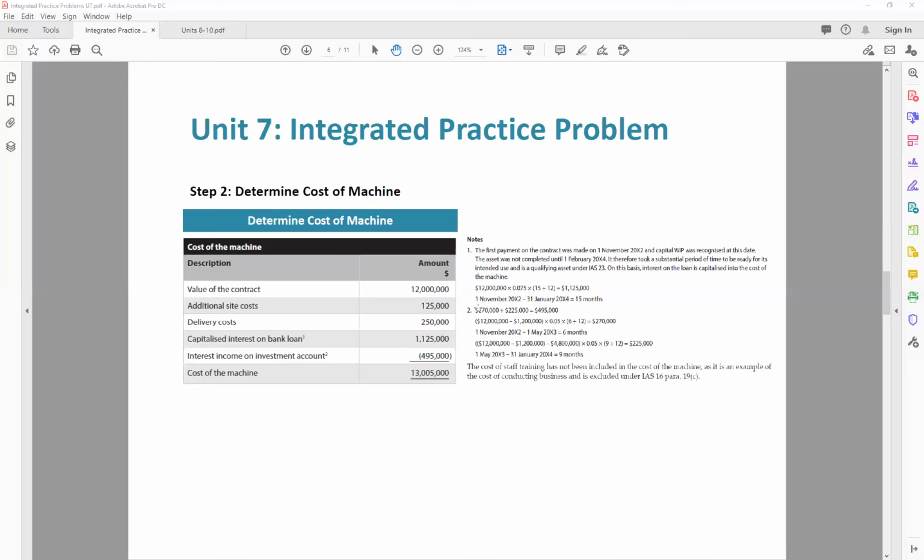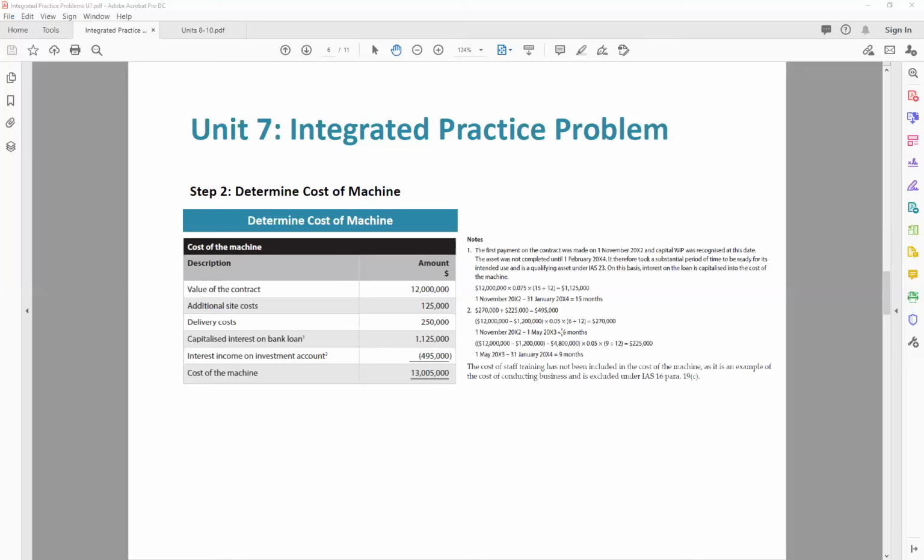But at the same time, we also need to consider the fact that not all of the funds would have been required, right? So we know that there were a number of these installment payments. And so what this calculation does is it breaks down what were the components of the loan that were not used by the firm.